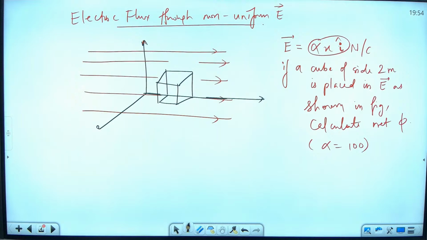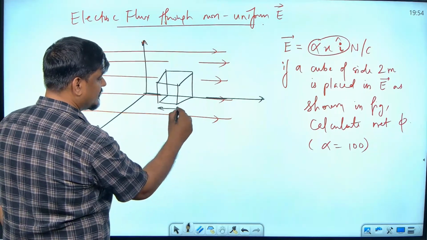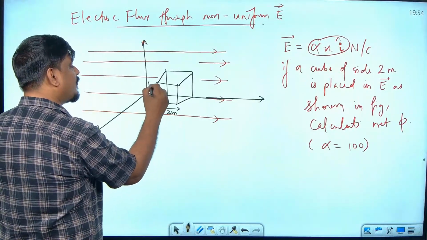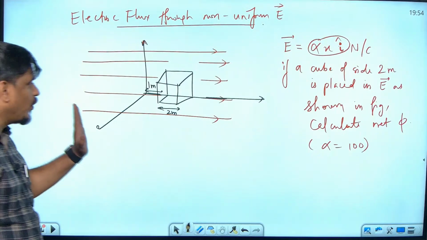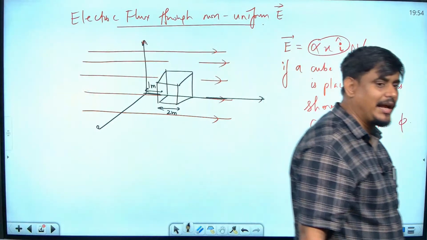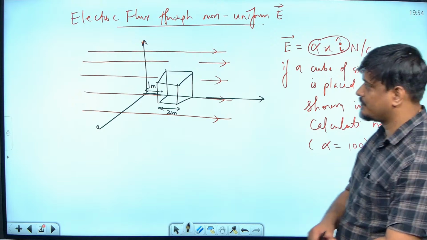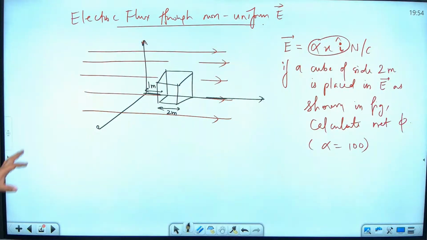Now this cube is having side of 2 meter and is placed 1 meter away from the origin. Can you try to find the value of phi? Give a try. I will help you if not. If you are understanding this question, please give a try.